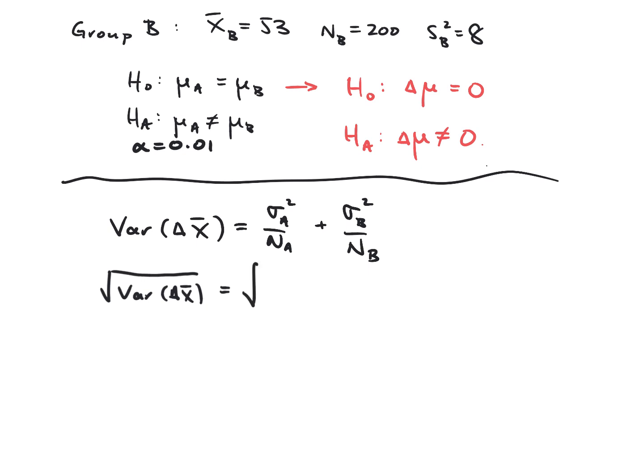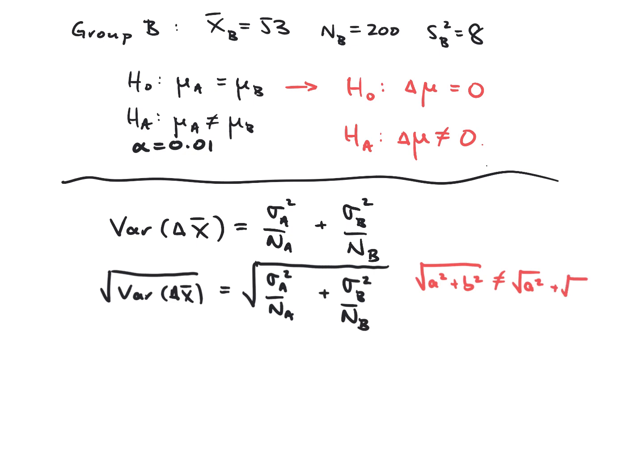So it's the square root of variance in group A over number in group A plus variance in group B over number in group B. And reminder, the square root of A squared plus B squared is not square root of A squared plus square root of B squared.